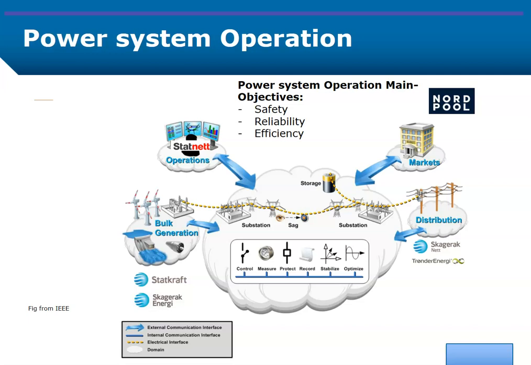Nord Pool is currently the market supervisor in Norway. And the classic way in Norway is bulk generation, where we produce, as I said, a lot of hydropower and send it over long distances to load centers where we need it. In Norway, typical power producers are Statkraft and also Skagerrak Kraft or Energi.